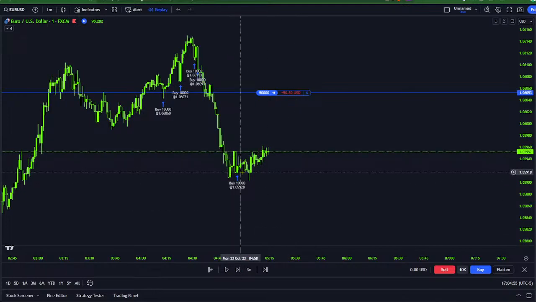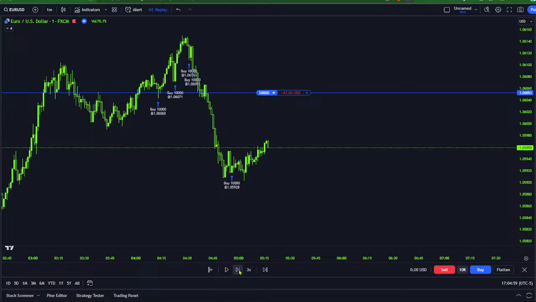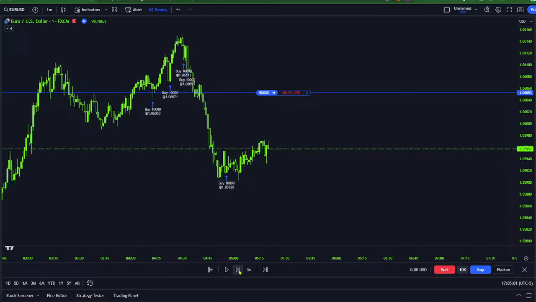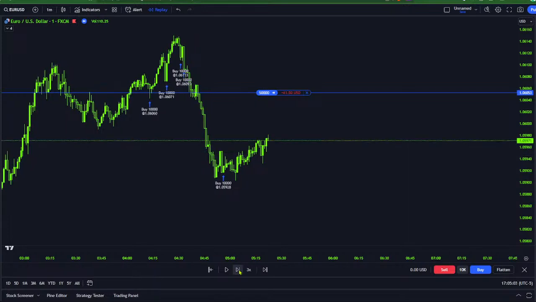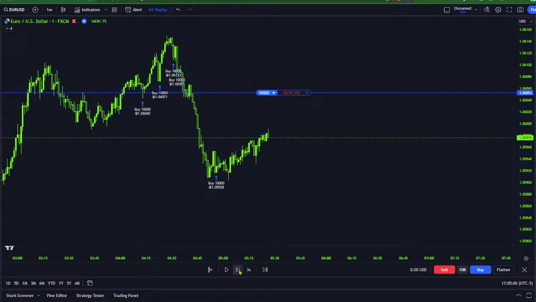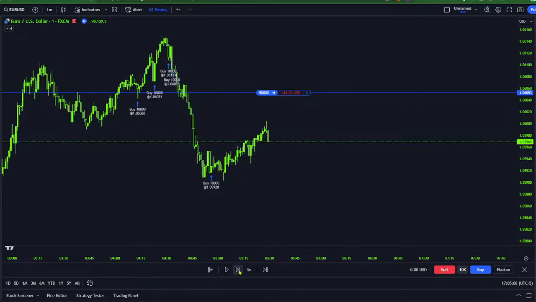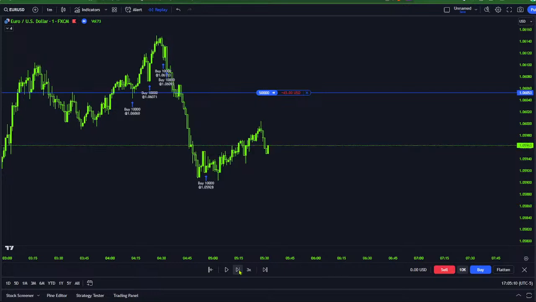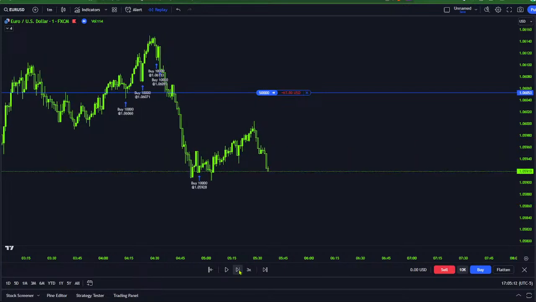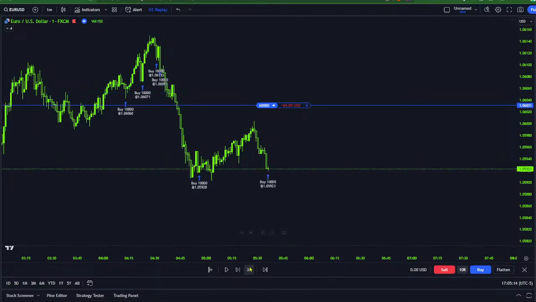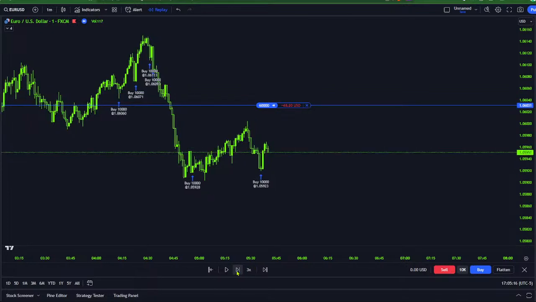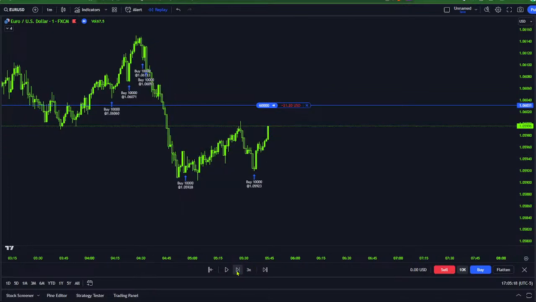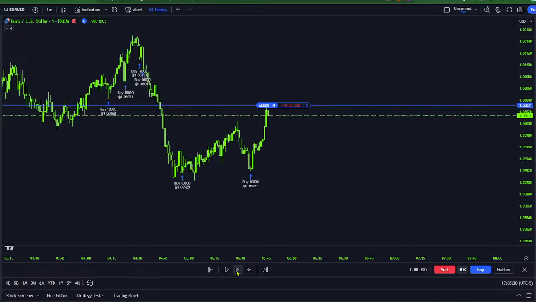Alright, so if it comes down to this level again, I'll probably open another buy. And oh, almost, so close. There we go. Let's buy. There we go. We're close.